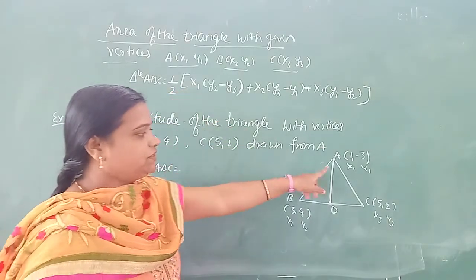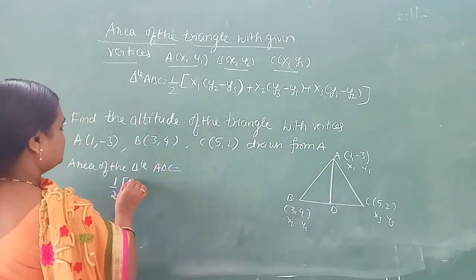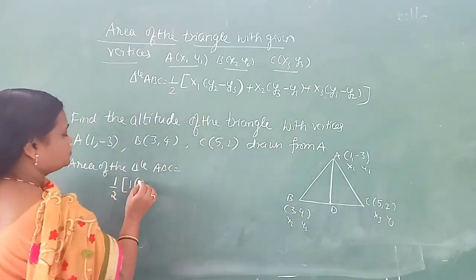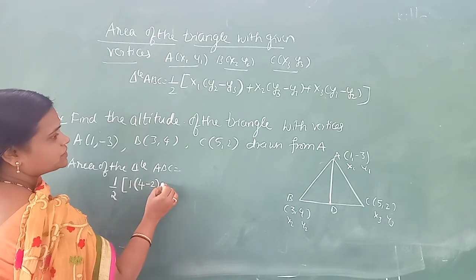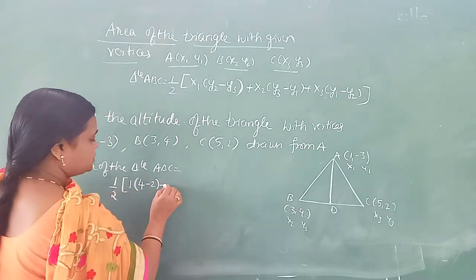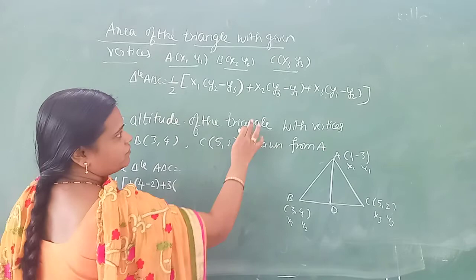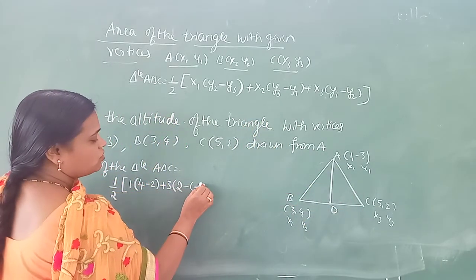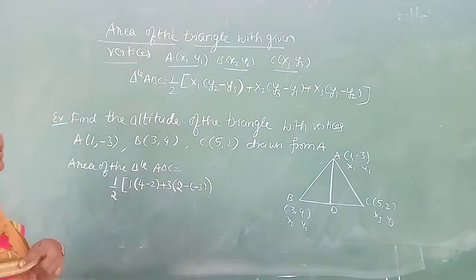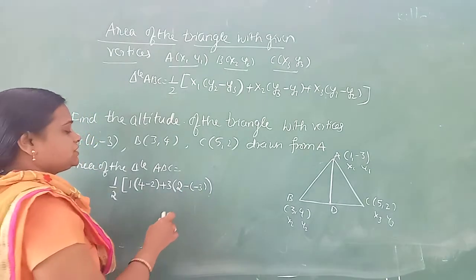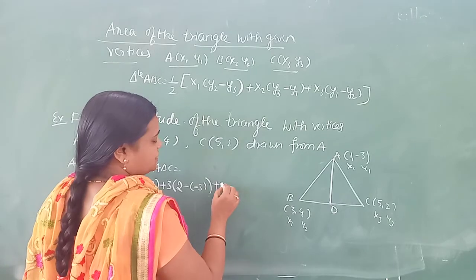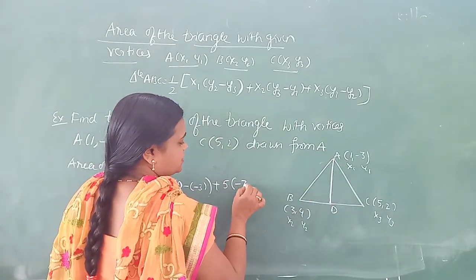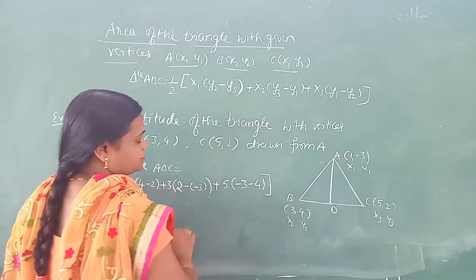What is our x1? 1. x1 times y2 minus y3, 4 minus 2, plus x2 is 3, times y3 minus y1, 2 minus of minus 3, correct. Next, x3 is 5, times y1 minus y2, y1 is minus 3, y2 is 4.